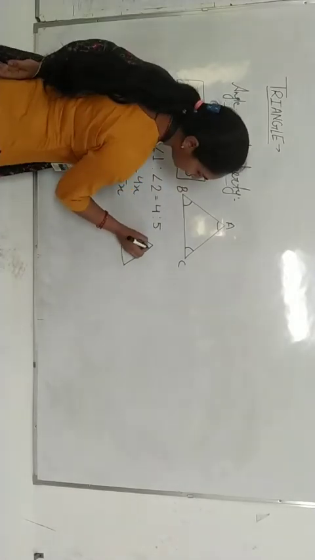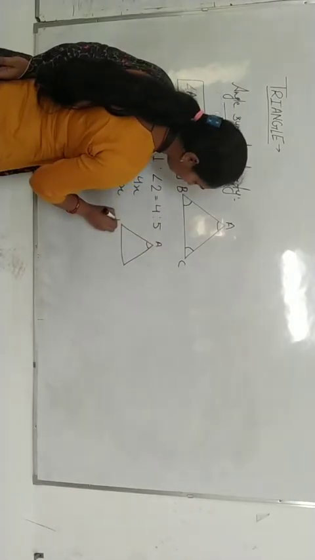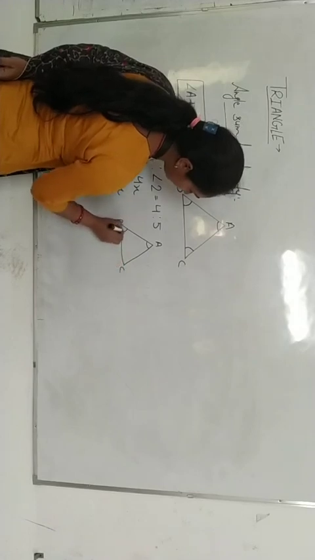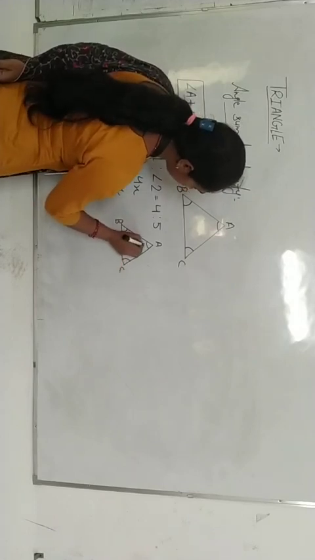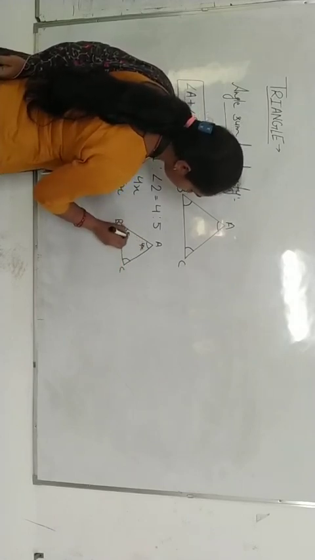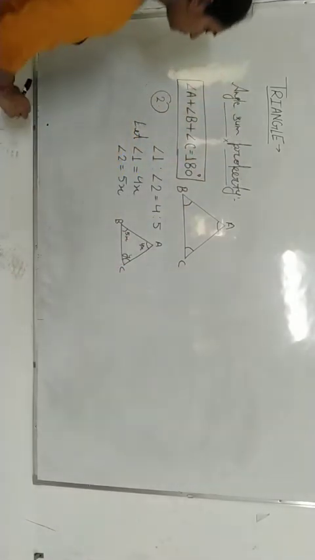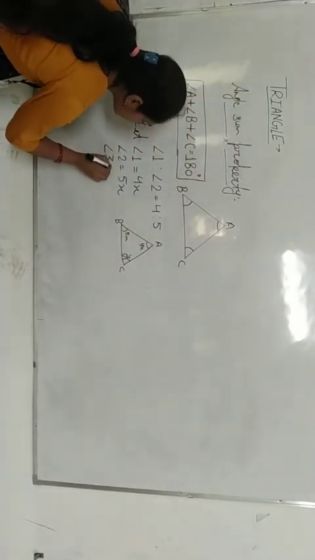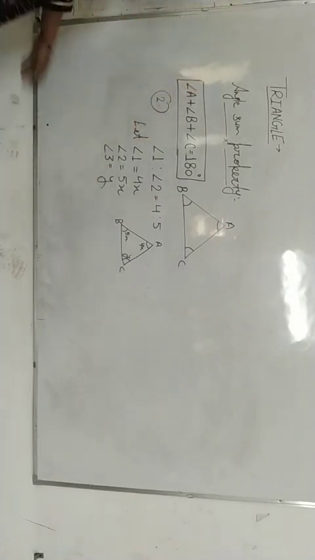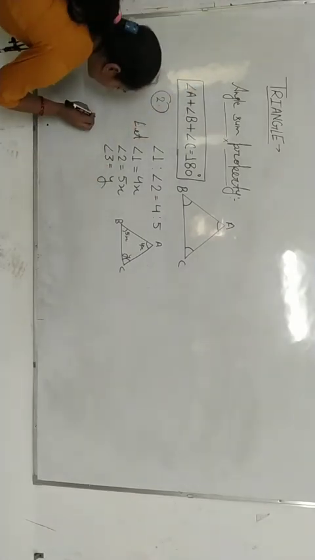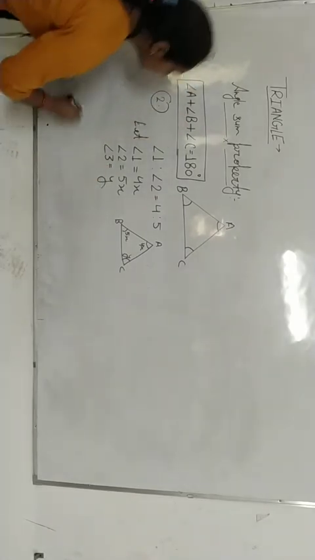In triangle ABC, with angles 1, 2 and 3, this one is 4x, this one is 5x, and let us take the third angle as y. Angle 3 is y. So we will use the angle sum property.